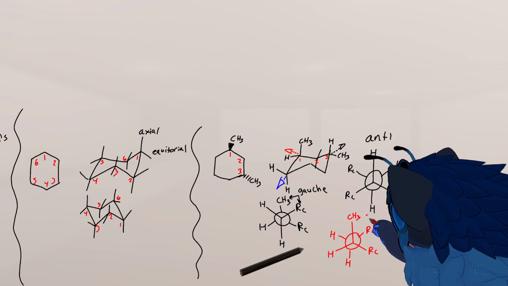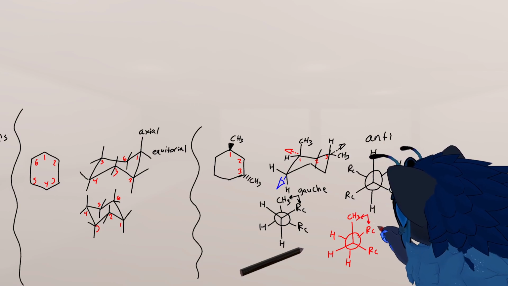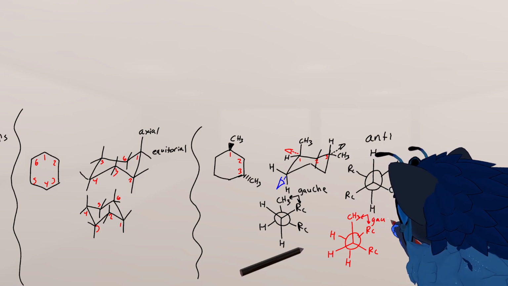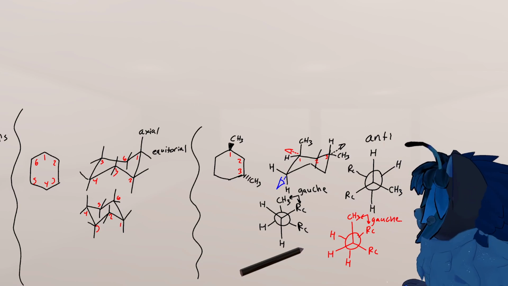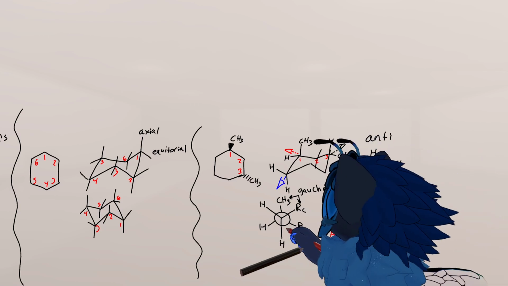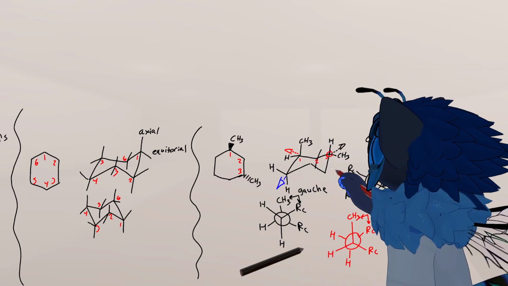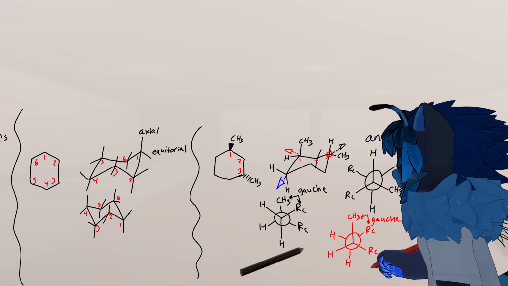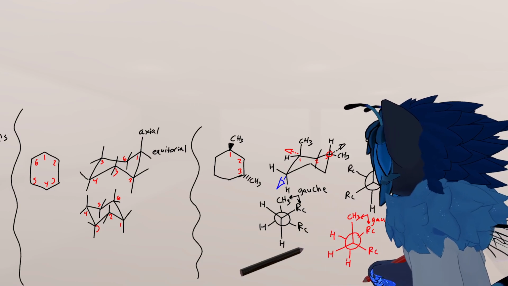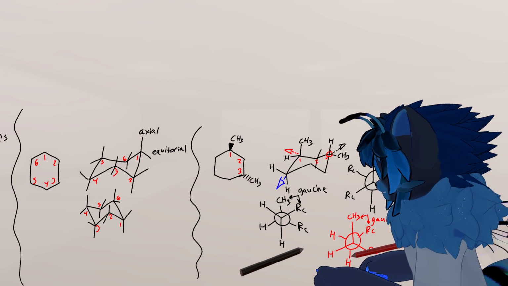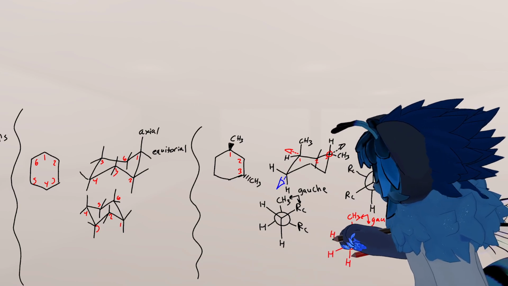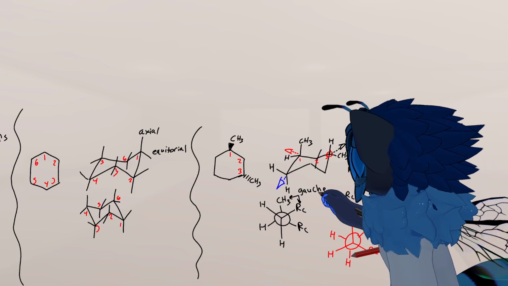So we see that we have a different interaction with a different ring carbon. That ring carbon is the one I'm going to circle in red. That is the gauche interaction. And the carbon I'm going to circle in black is the first gauche interaction that we have.